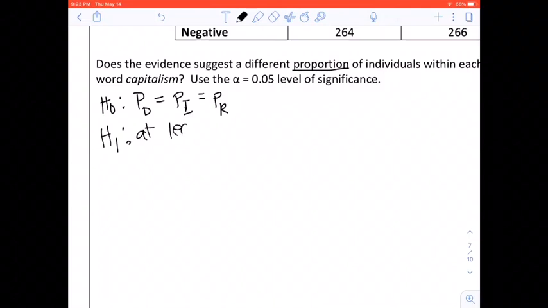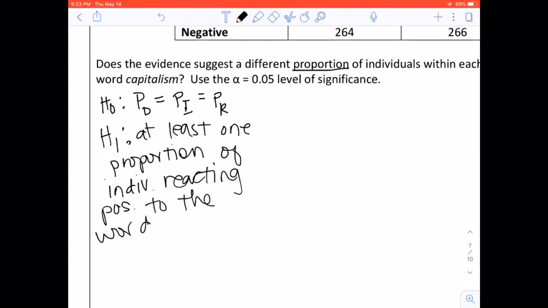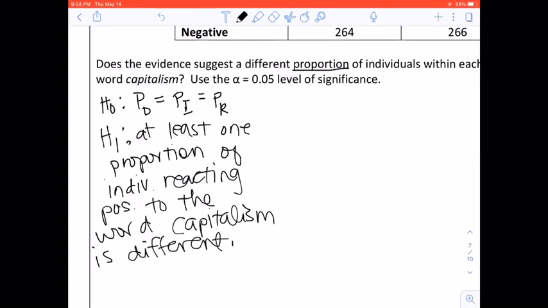So at least 1 proportion of individuals reacting positively to the word capitalism is different. So at least one is different.